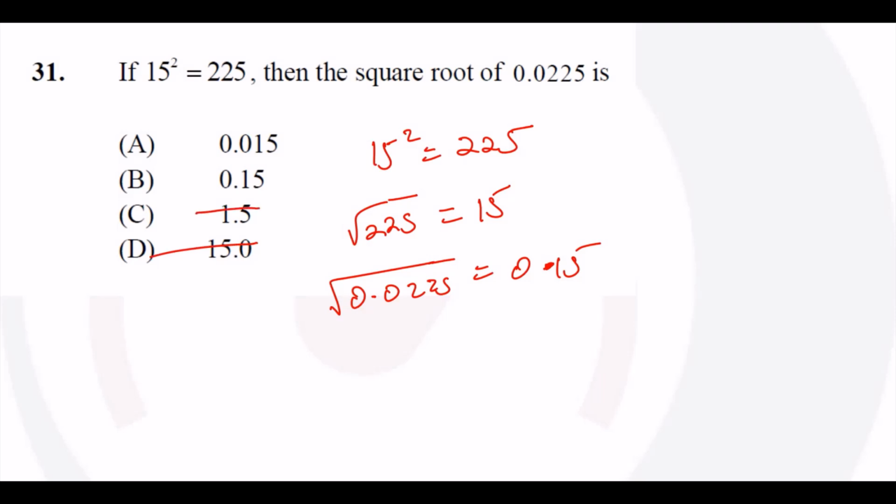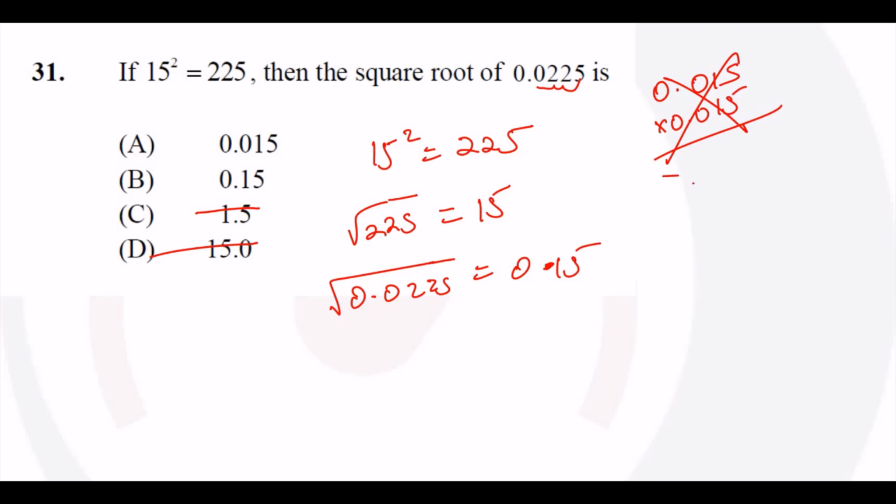Would it be 1.5? No, the answer has 4 decimal places. If I multiply 0.015 by 0.015, this is going to give me 6 decimal places. This number has only 4 decimal places.